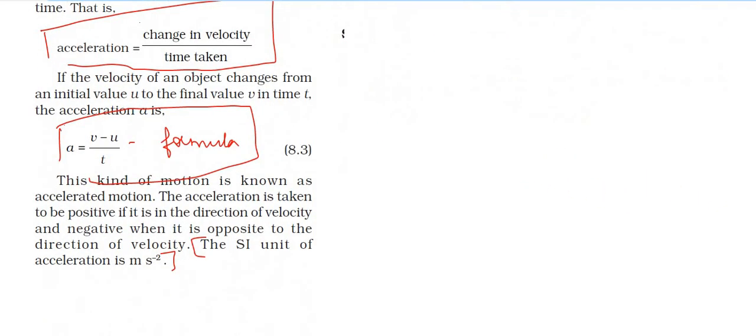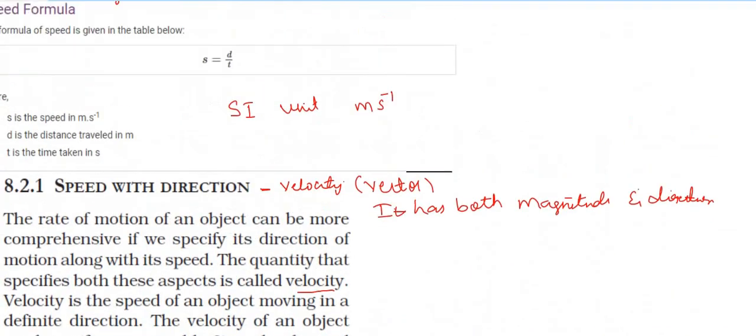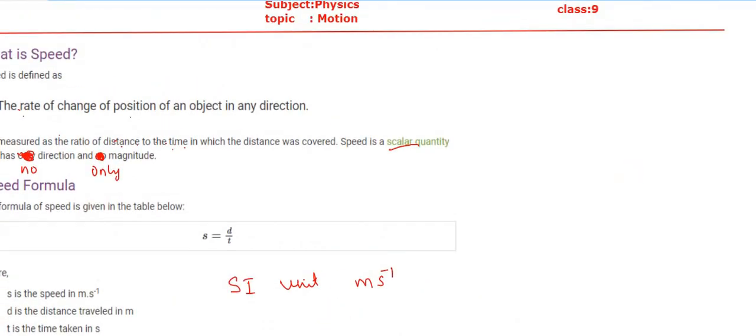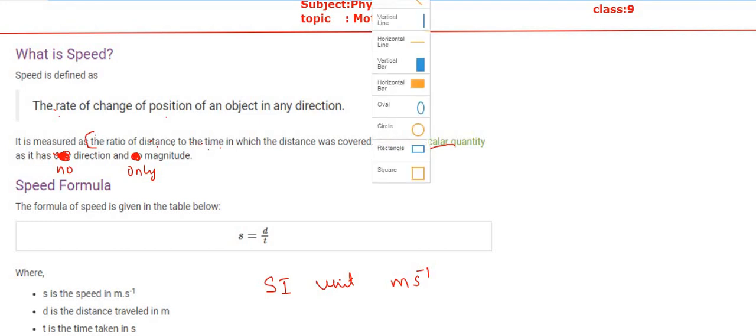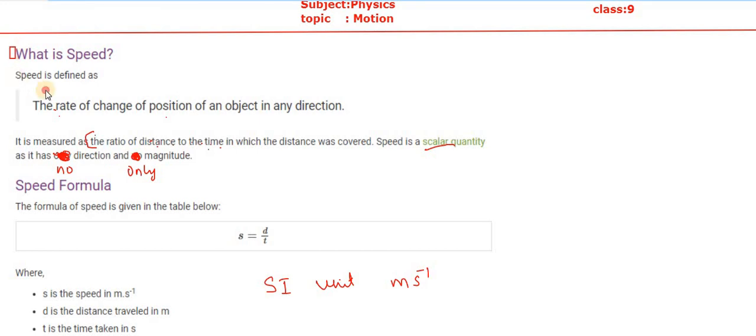Today, what all we covered? We covered what is speed. How can I define speed? The ratio of the distance to the time is known as speed. Write this in your points book. Whatever I put in the box, write that in your points book.